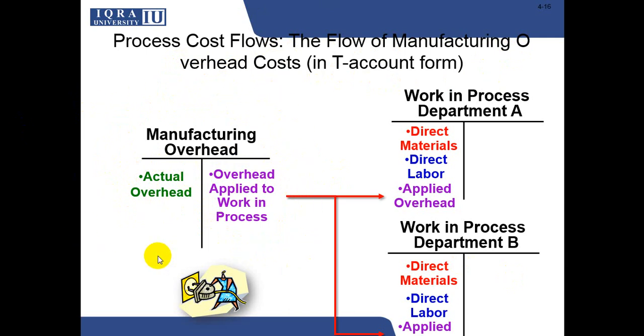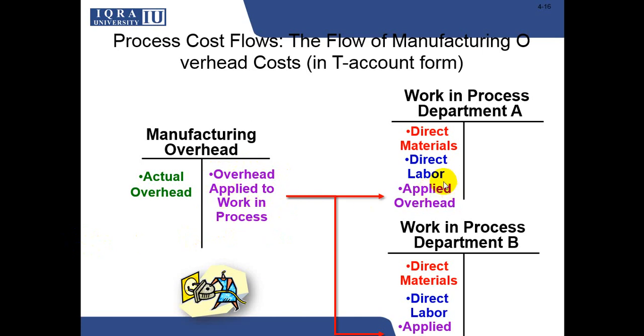In job order costing we discussed that we apply overhead to work in process, but we do not consider the actual overhead. So take overhead applied to production, or to work in process. Both are similar in meaning.